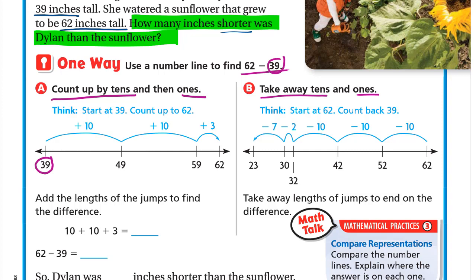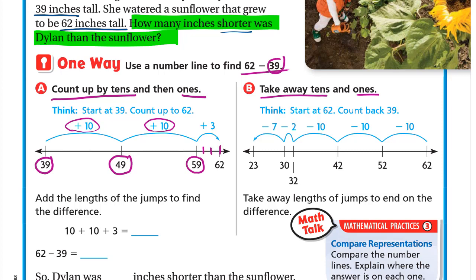So 39, counting by tens, 39 plus 10 equals 49. Plus another 10 is 59. We can't add more tens now because 59 plus 10 is 69, which is more than 62. So here we'll count by ones. After 59, 60, 61, 62.